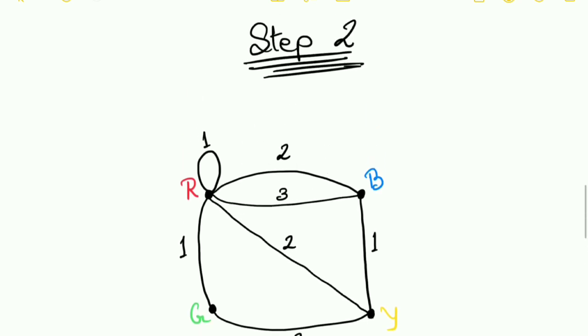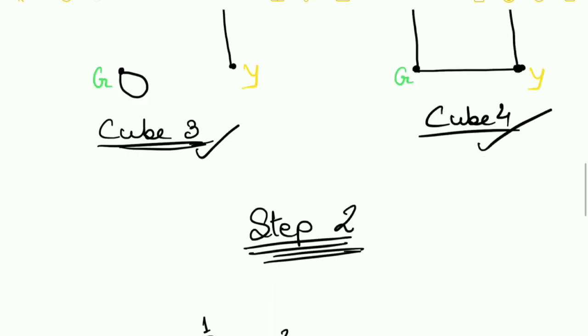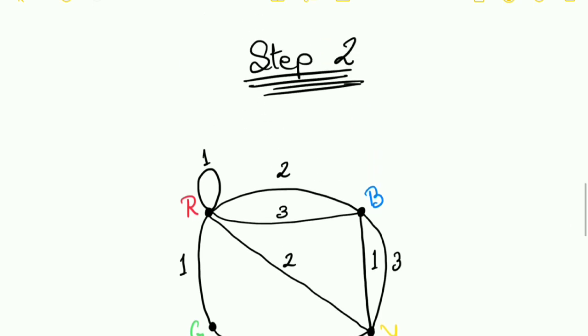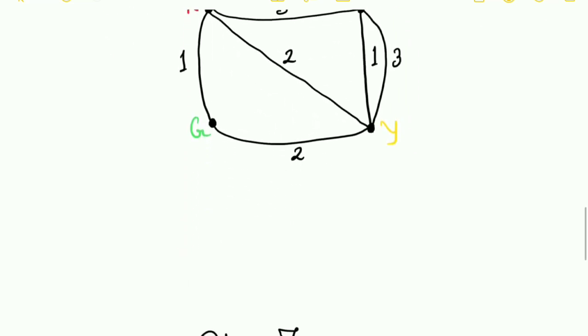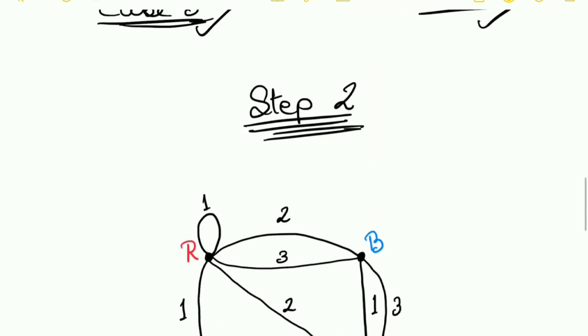Then we will see what else there is. Blue and yellow, BY, from 3. And then we have a loop, where the green vertex is joined to itself. So here we will draw a loop on the green vertex and name it as 3.